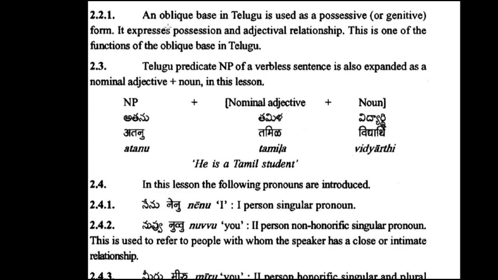Atanu Tamila Vidyarthi. Okay, he is a Tamil student. So here, see, nominal adjective. So here nominal adjective is Tamila. I will tell you how it became Tamila, okay? Tamilam is a noun, because it's a language name, okay? But here, Vidyarthi is also noun, okay?